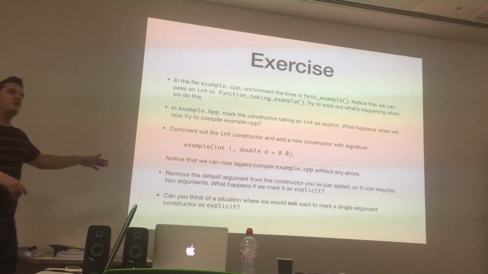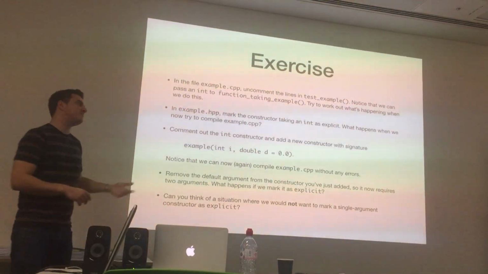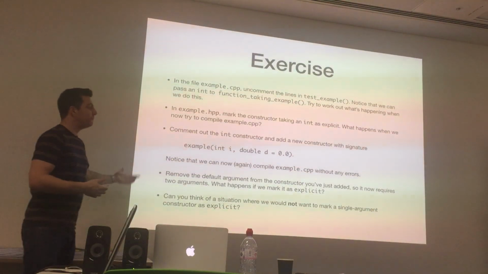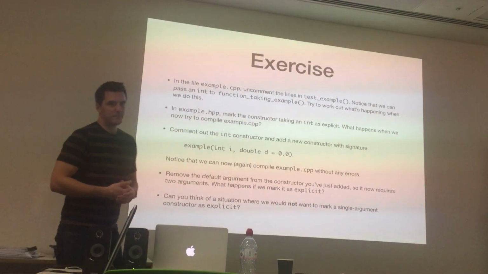So that's one of the few legitimate uses of these implicit conversions. As you can tell, I'm generally not a fan, but that's one of the good uses. This example doesn't work.